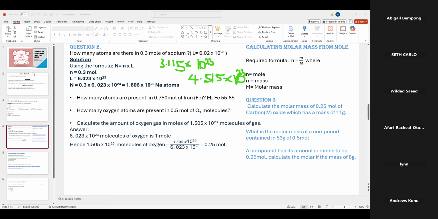Seth, you are right. So how did you get 3.115? I'm not saying 4.515 is not right. It's correct. But I'm concerned about the 3.115. Can we kindly check our calculation again?